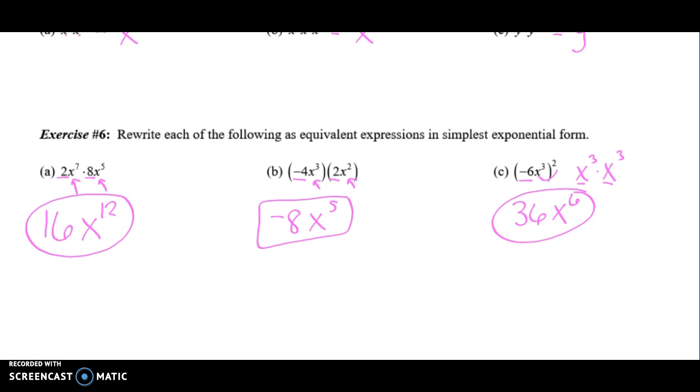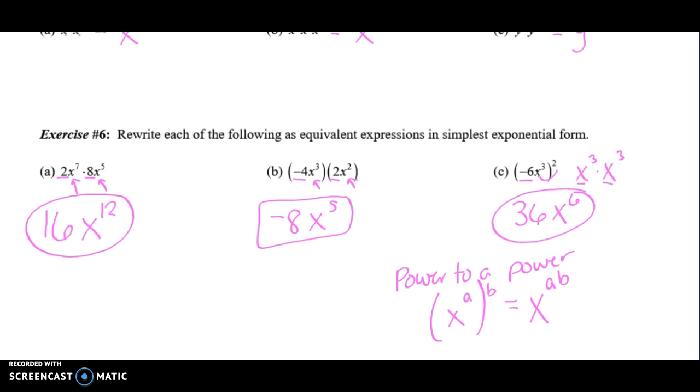That last example actually brings out a whole new rule. So this is called the power to a power rule. That rule shows that when you have a number raised to an exponent being raised to an exponent again, you actually will multiply the exponents.